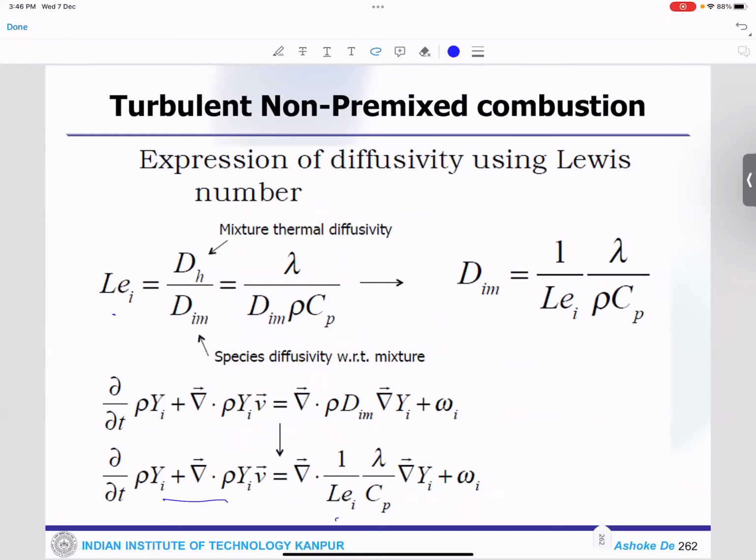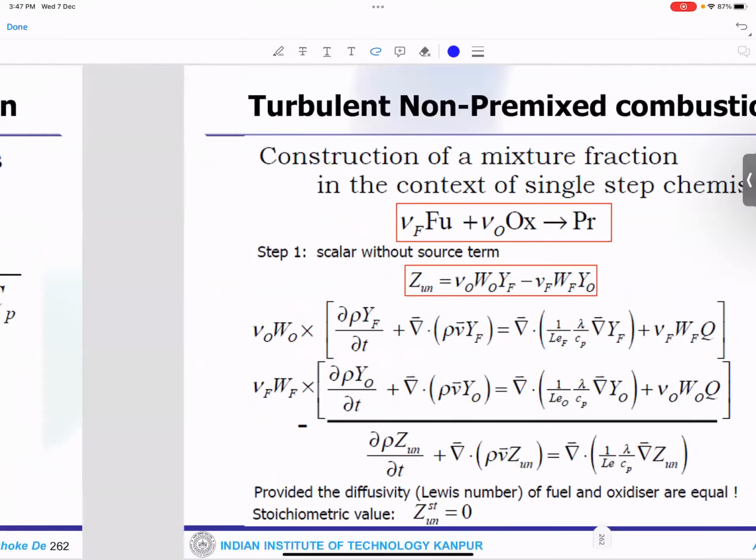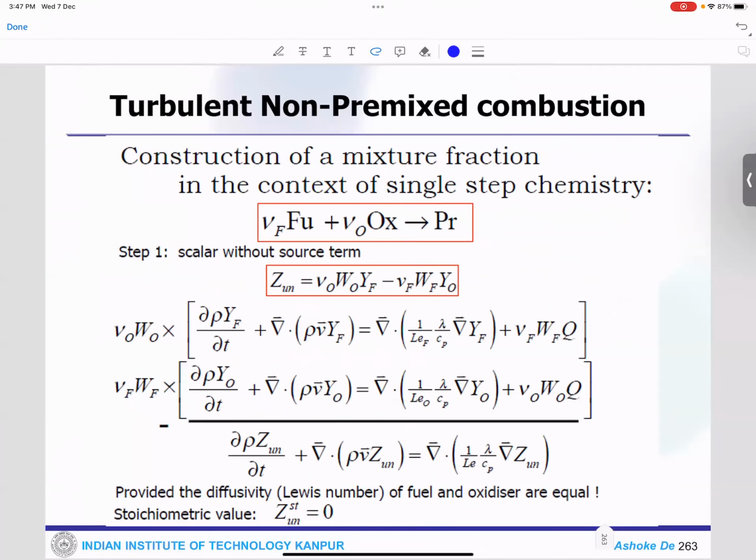Because it correlates your mass diffusivity to thermal diffusivity. So for simplification, most of the time people use a unity or unit Lewis number. The Lewis number effect is very important, so you neglect it and then carry out the calculation.